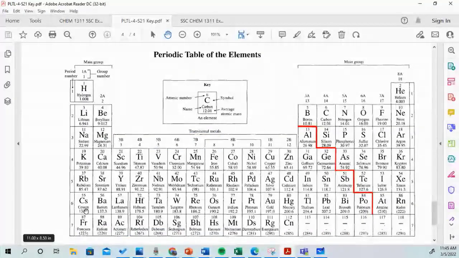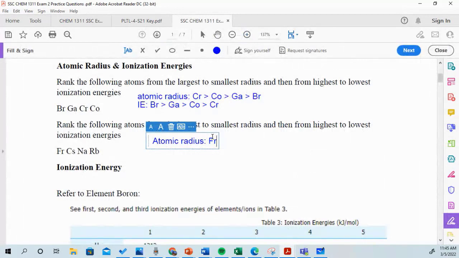We have Fr, Cs, Na, and Rb. They're all part of the same group, and so the further you go down, the greater the valence shells, so increasing in size. So Fr is greater than Cs, greater than Rb, greater than Na.